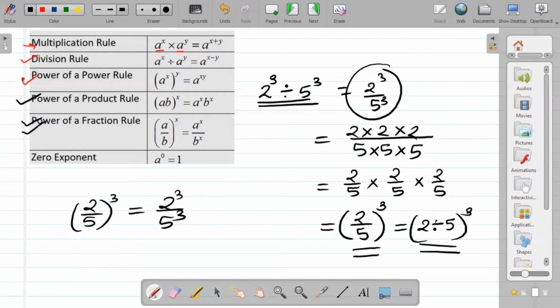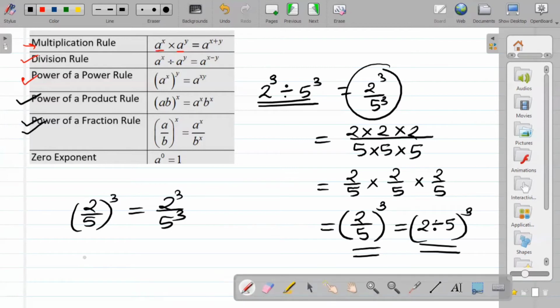Or if you are having 6 upon 7, okay, if you are having 6 square divided by 7 square, then you can take the powers common also. So powers can be distributed also, or power can be taken common also, right? So in the multiplication, the same rules are there for the division also.